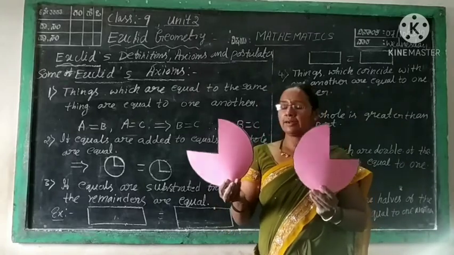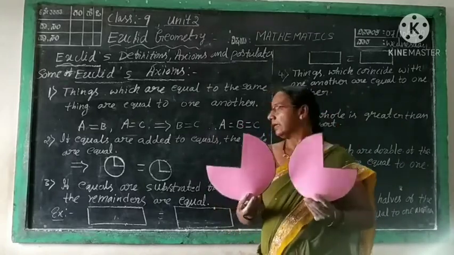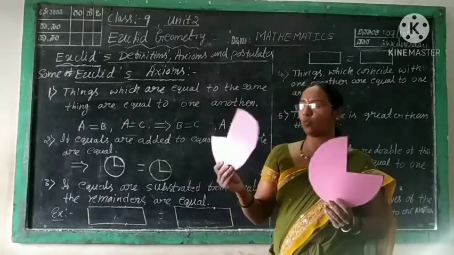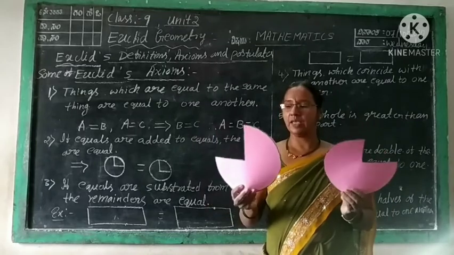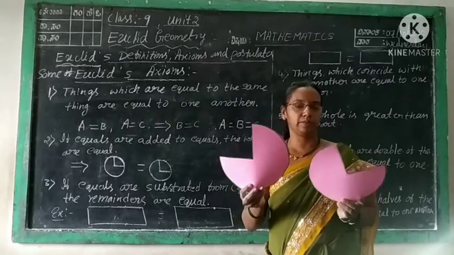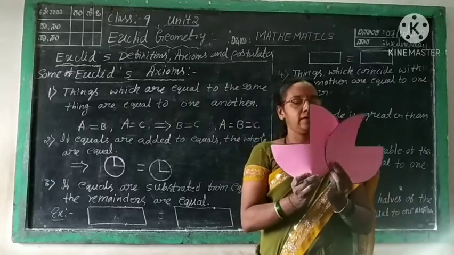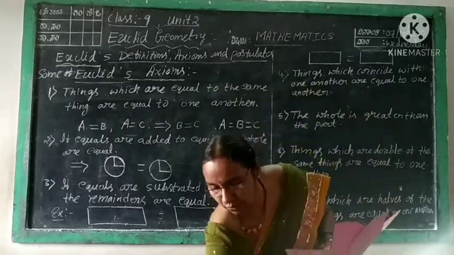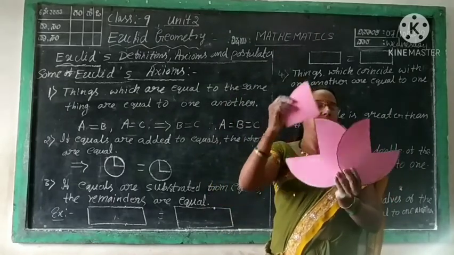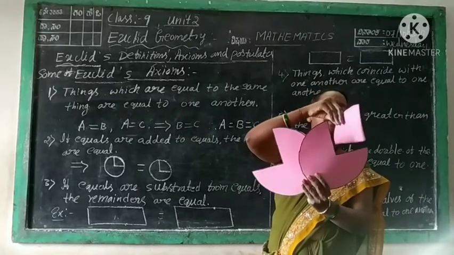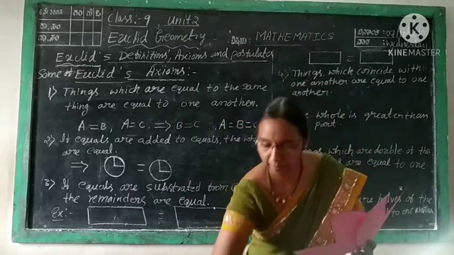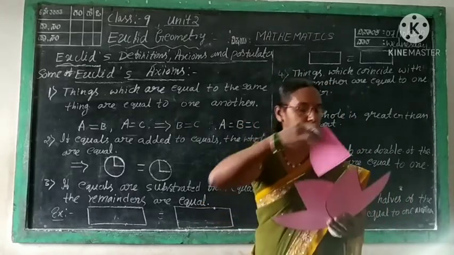The two cut triangles are equal. Then equals are added to equals: we add to these triangles an equal part, and the results are equal.